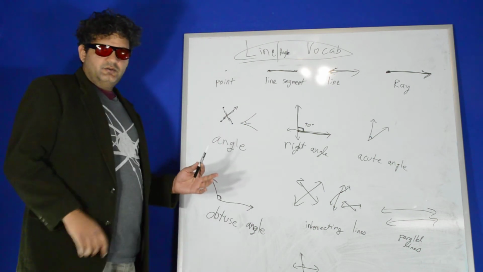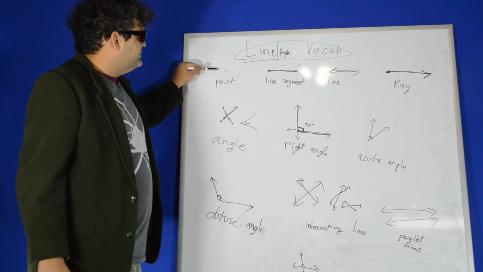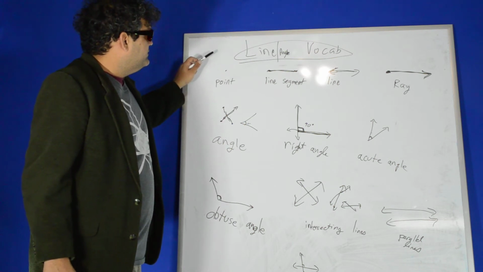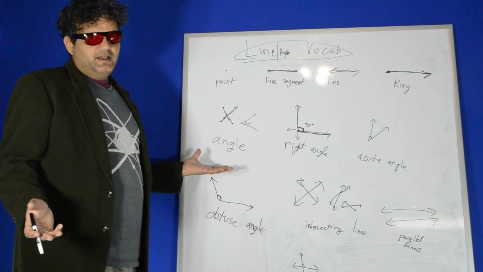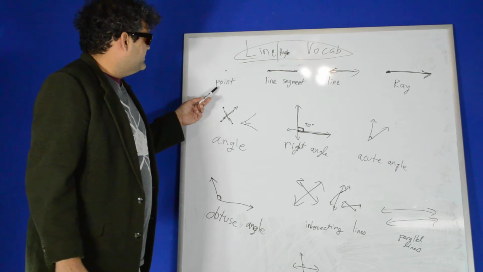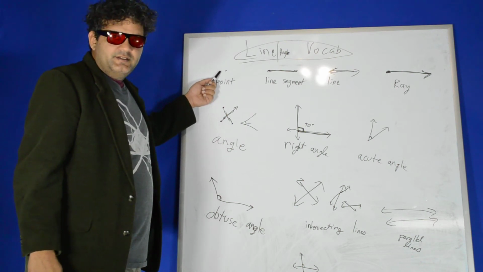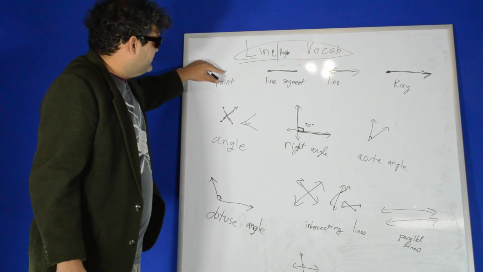So let me go over these words again one more time. These are basically all the line vocab words that you need. A point is a place in space, one location.